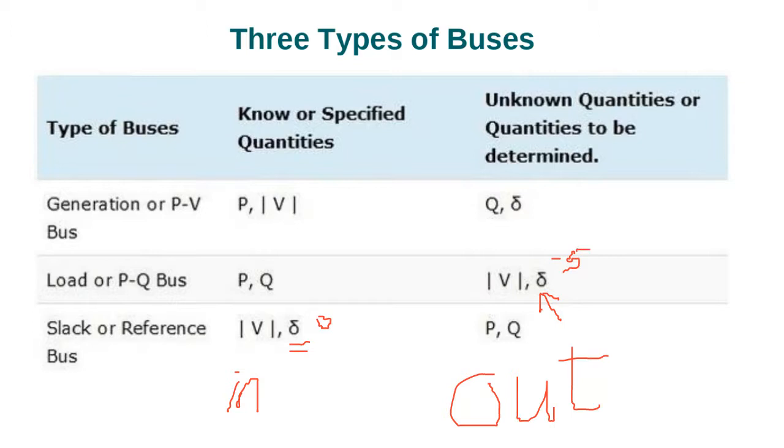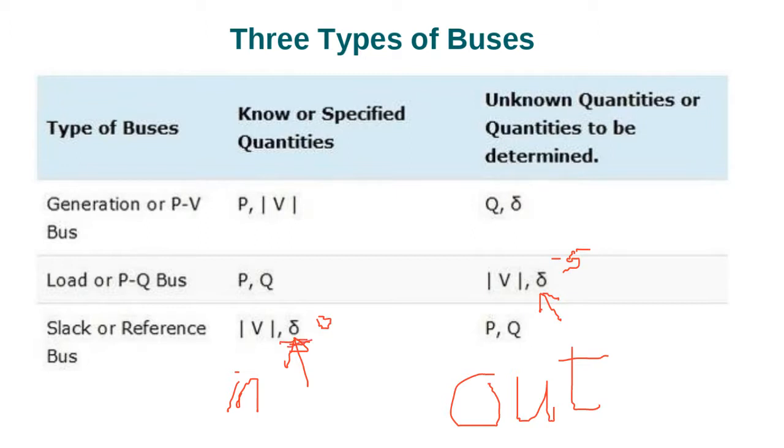It's -5 with respect to this one, the difference between this one and this one. This is what we mean by -5 degree, or -3 degree, or -0.1 degree, and so on. So it's the difference between the angle of all the buses and the reference bus.